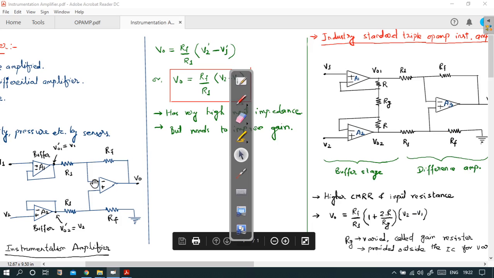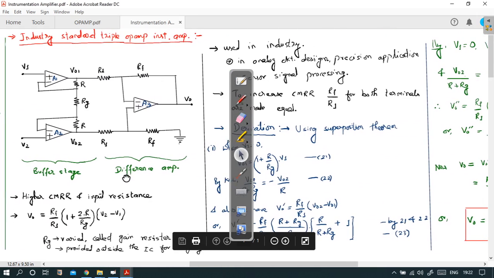It was also using three op-amps, and RF, R1 are the same, V1, V2 are the same. Just there is an addition of three resistances in this branch. This node is connected to this node and there is an inclusion of three resistances, and this is the small modification.